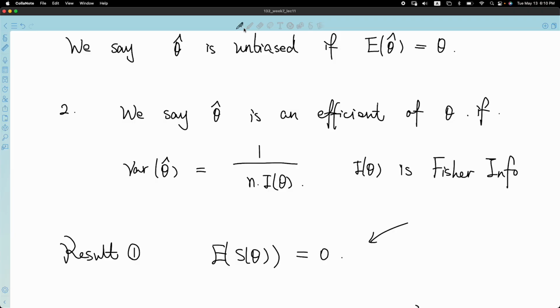Here you can see that this is already a function of n. When you collect lots of data points, infinite data points, this will go to 0. That means you are hitting the true theta in nature. Any question or comments?